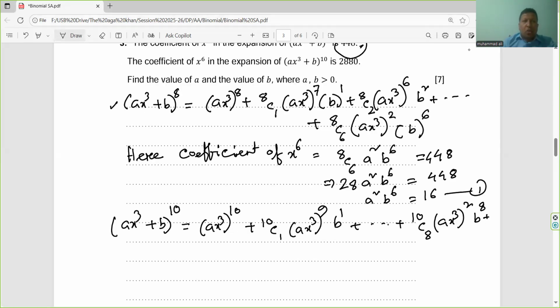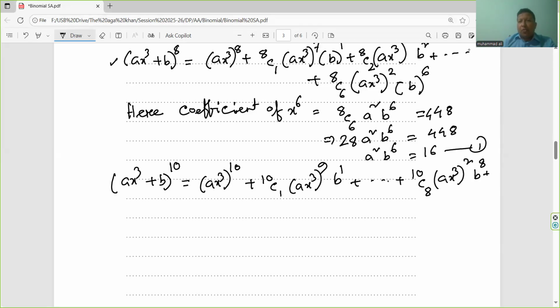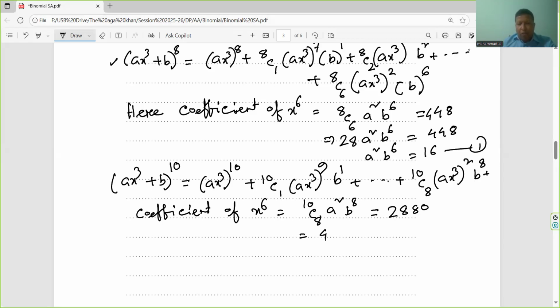Here also the coefficient of x to the power 6, 3 twos are 6. So the coefficient of x to the power 6 is 10C8 a squared b to the power 8 equals 2880. So it will be 45 a squared b to the power 8 equals 2880. From here we get a squared b to the power 8 equals 64.